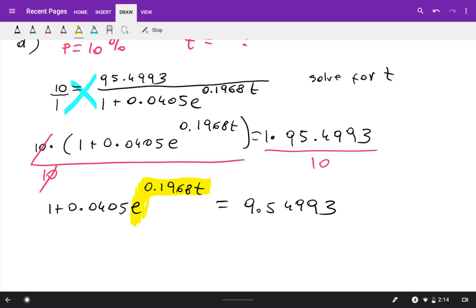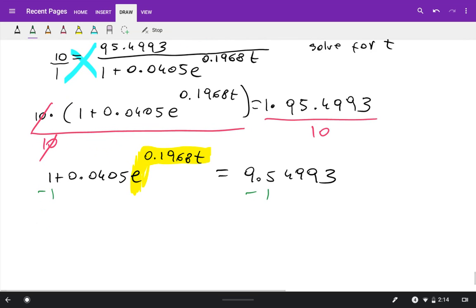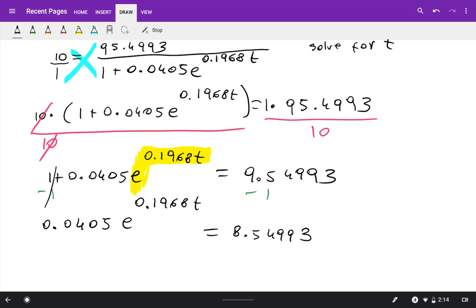So first we subtract 1 from both sides, and we're getting 0.0405 e to the power of 0.1968t equals 9.54993 minus 1. So that will be 8.54993.